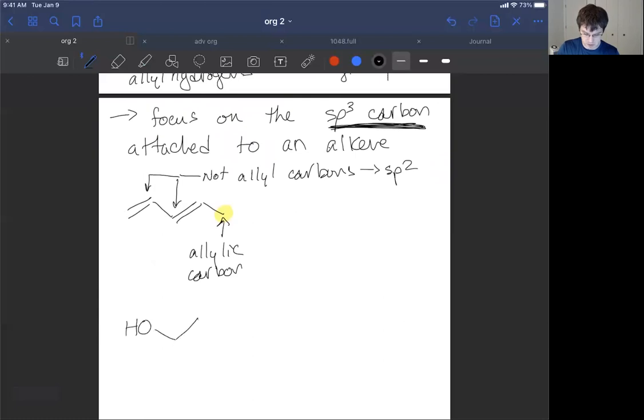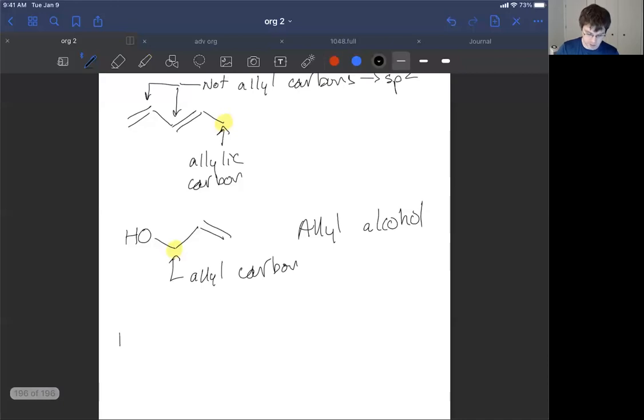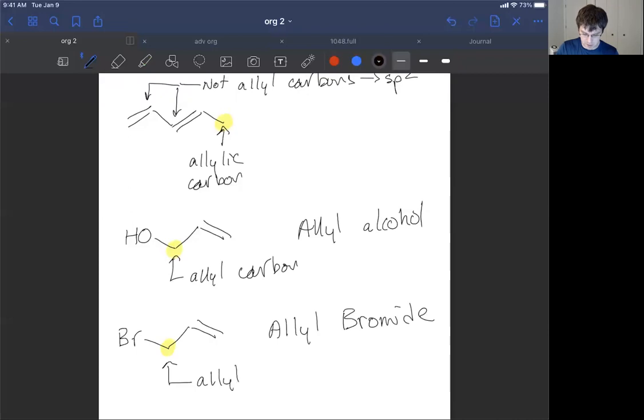Here again is our allyl carbon, that carbon next to the alkene, and this molecule is called allyl alcohol. And if we have a halide, like a bromine, we can highlight again, and this is allyl bromide. Once again, we have our allyl carbon and its associated elements. So it's not the alkene, it's the carbon next door to the alkene.